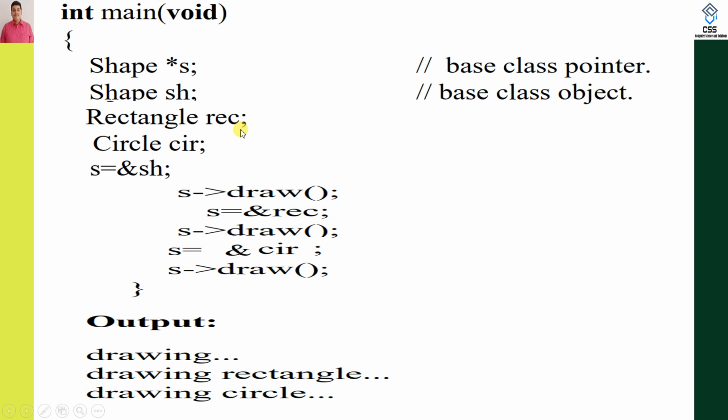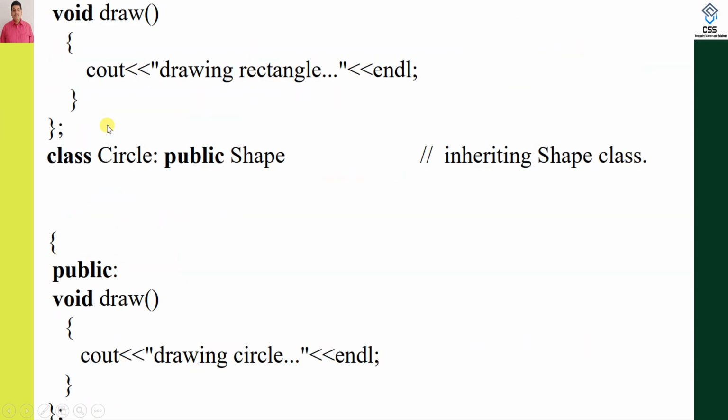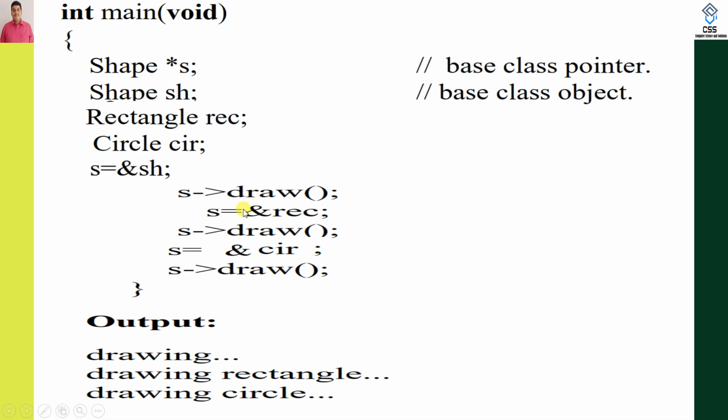If you disable virtual, then what will happen? You are calling all the child class objects, but it will only call the parent class method, because by making it virtual, it will look at which child object's address the pointer object stores.